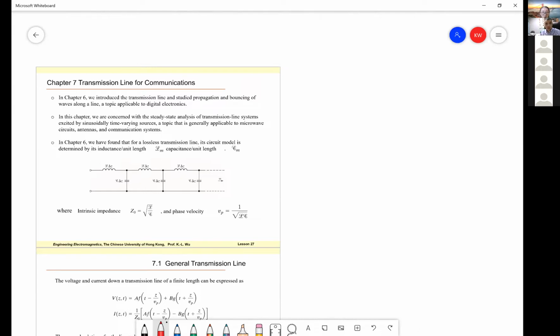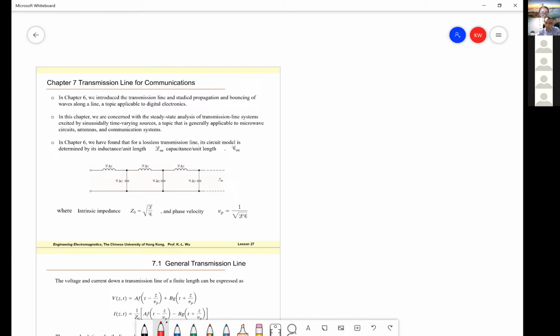Because we always talk about broadband, microwave frequency, radio frequency. We all talk about different frequency bands, right? So if we understand the response at certain frequencies, then we can very well describe the property of the system.